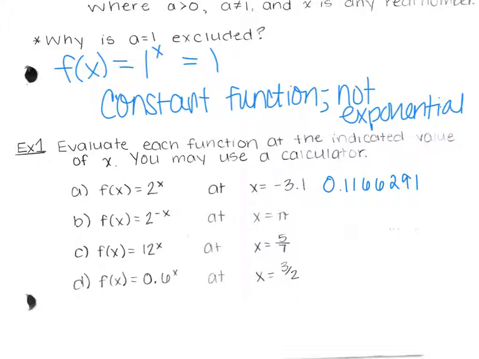Right, so 2 to the negative pi is going to be 0.1133147. And then if we take 12 for our example C to the 5/7, we will get 5.8998877.